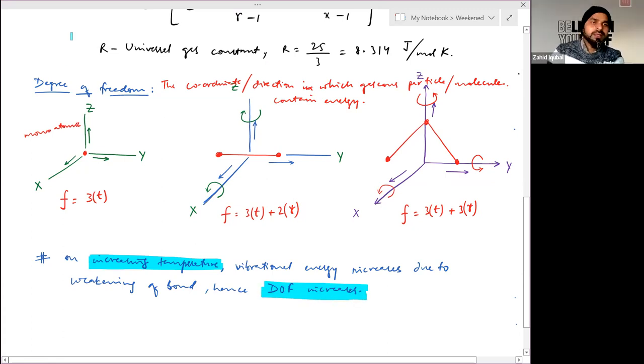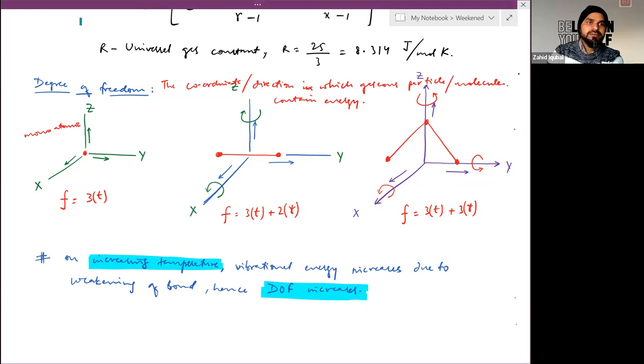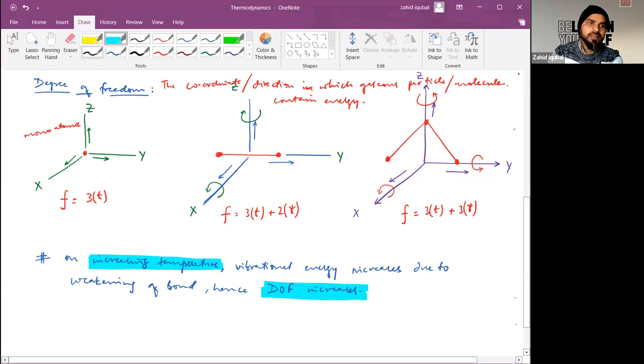Now, we have to define this degree of freedom with gamma.